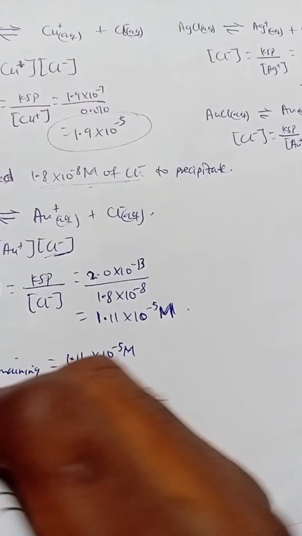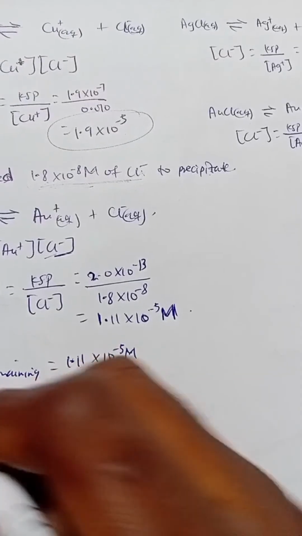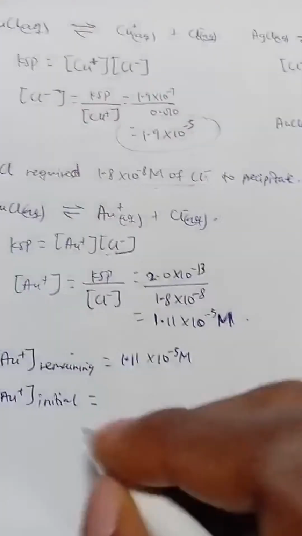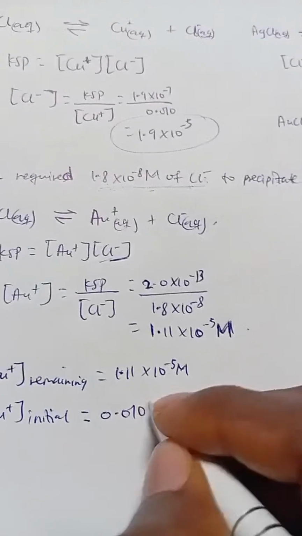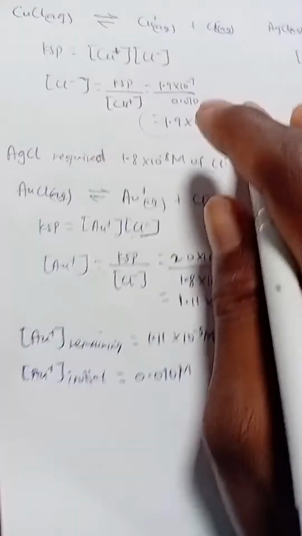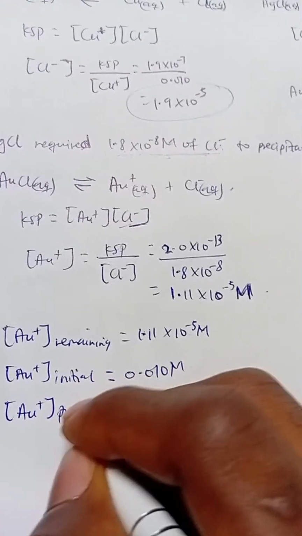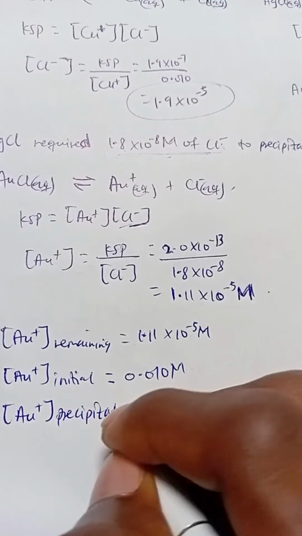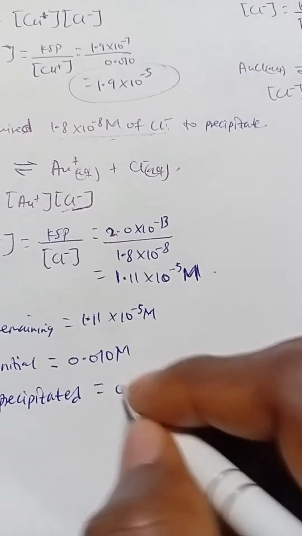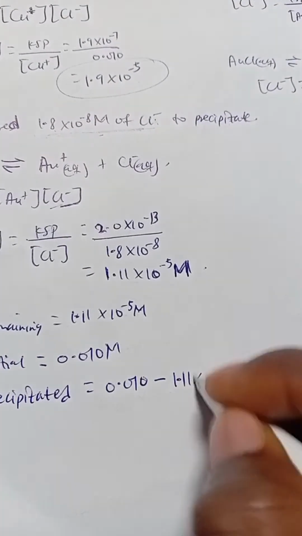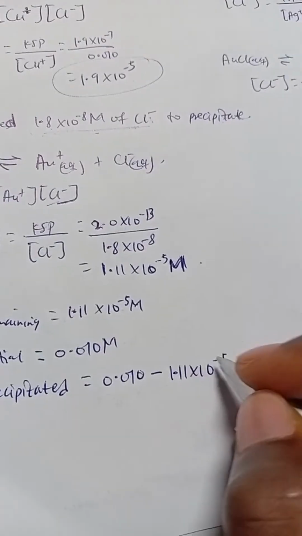Okay, and the concentration of Au plus ions initially was what? 0.010 molar. So now we have to get the concentration of Au plus that precipitated.